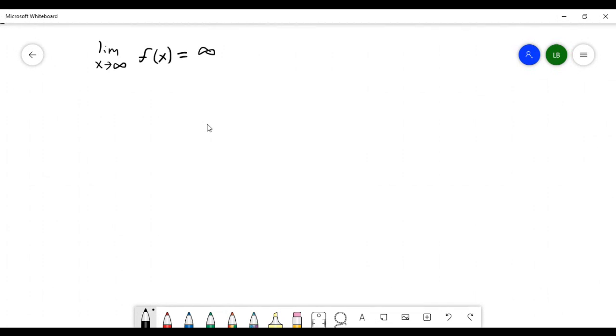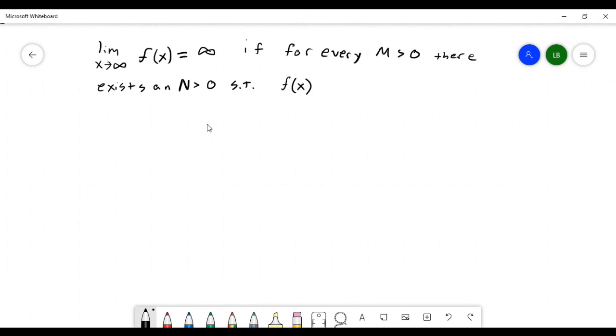We say that the limit of a function is equal to infinity if for every m bigger than 0, there exists an n bigger than 0, such that f of x is bigger than m whenever x is bigger than n.